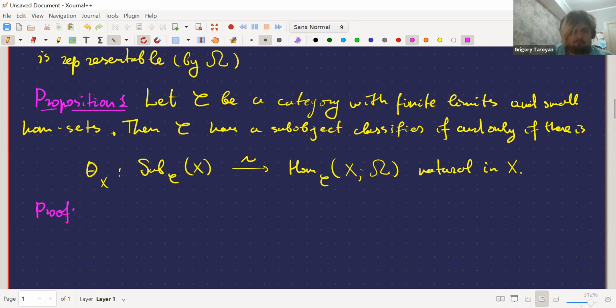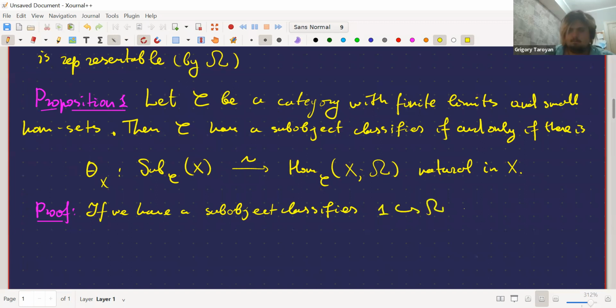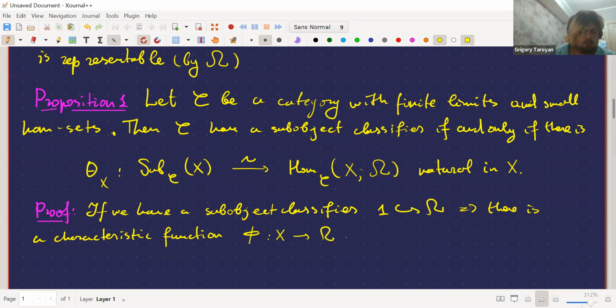So let's prove this statement. We start in one direction. If we have a subobject classifier from 1 to omega, then there is a characteristic function such that for each object X, each subobject S is obtained as a pullback along this characteristic function.